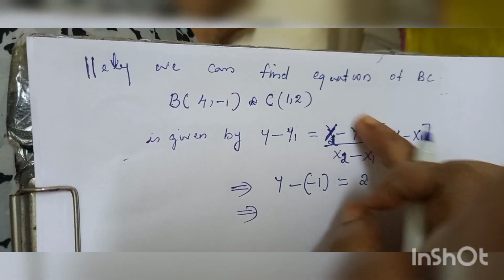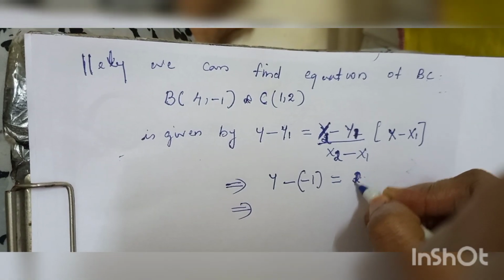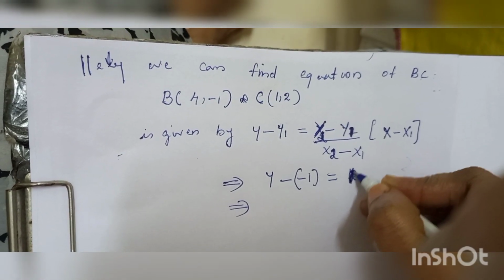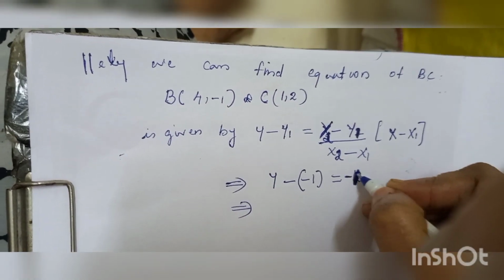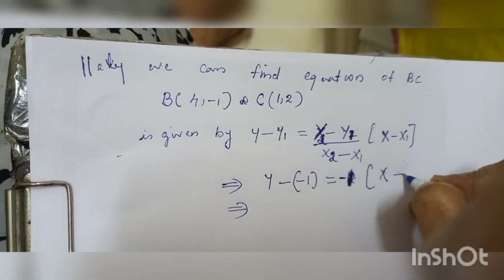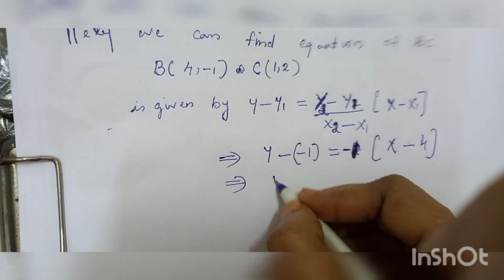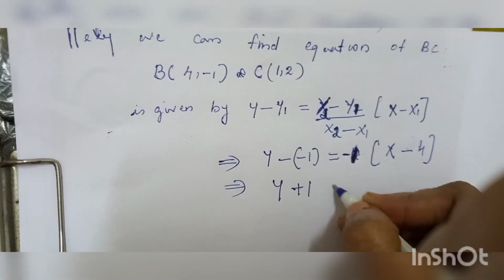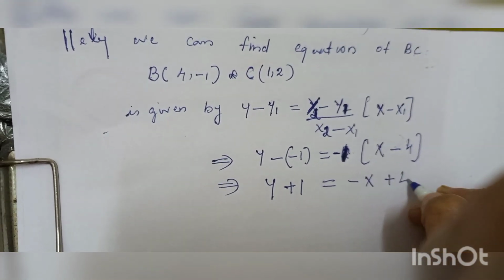Sorry, this we have already found, that is the slope, which is -1. Then x minus x1, where x1 is 4. So y plus 1 is equal to minus x plus 4, we get.